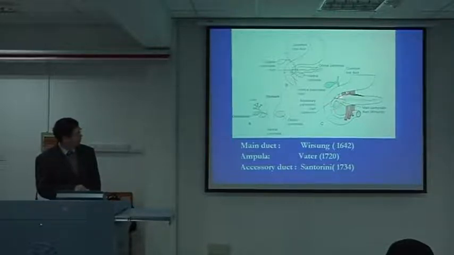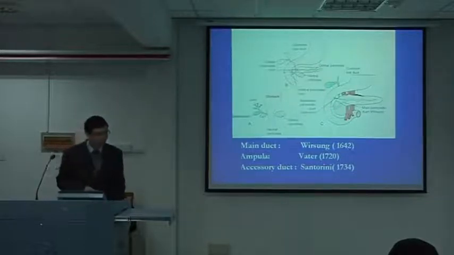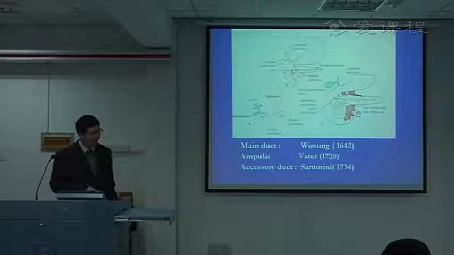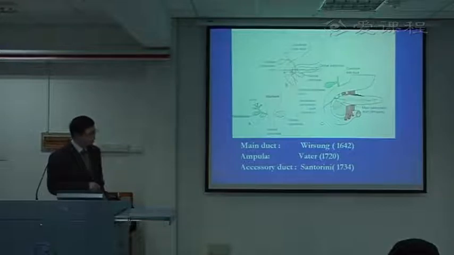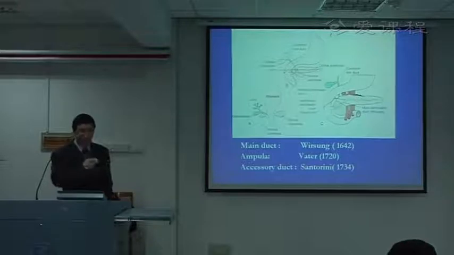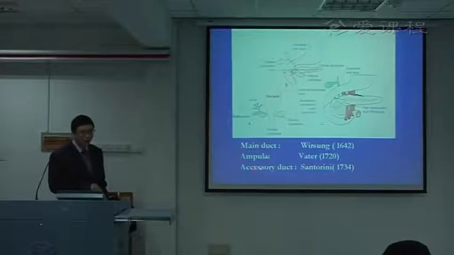This is the Santorini duct, and this is the Wirsung duct, and this is the ampulla. Is the Santorini duct present in all patients, or only some? Only some. Almost all men and women have the Wirsung duct, but only a few patients have the Santorini duct.